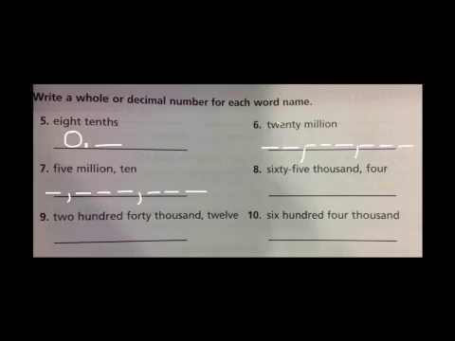Here I'm going up to 10,000s because I have 65,000. So I have ones, tens, hundreds, thousands, 10,000s. And here I'm going all the way up to 100,000s. And here again I have 100,000s.